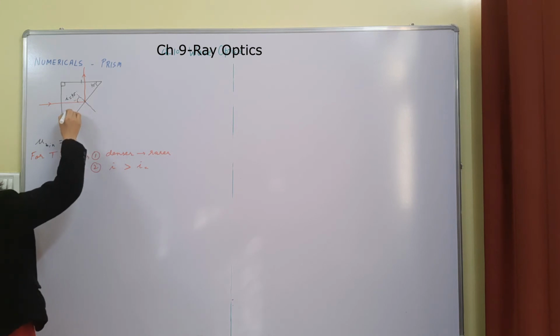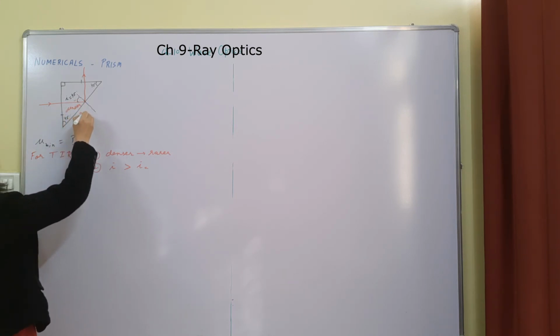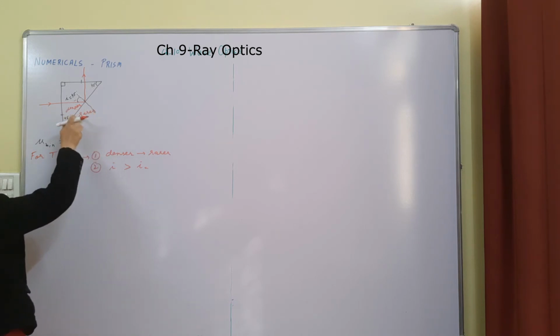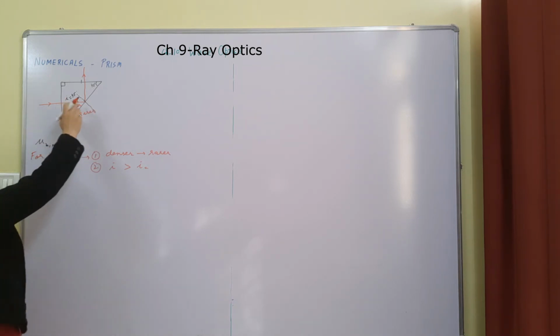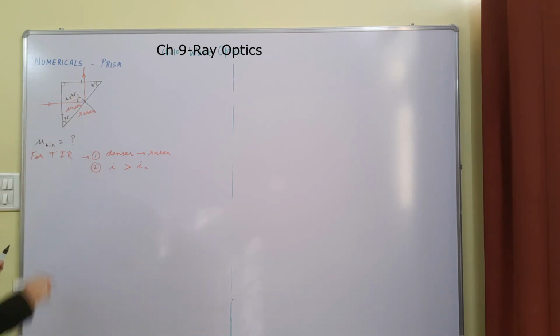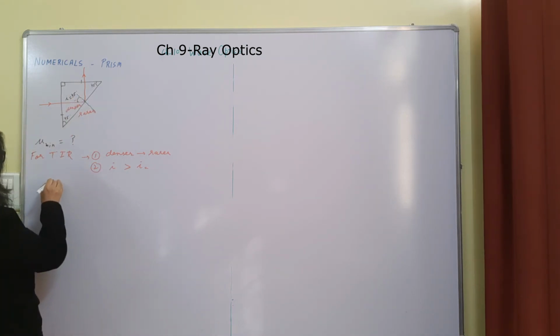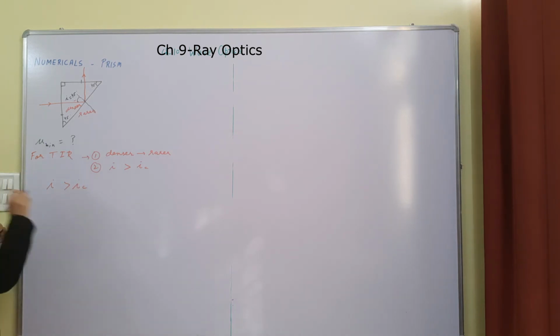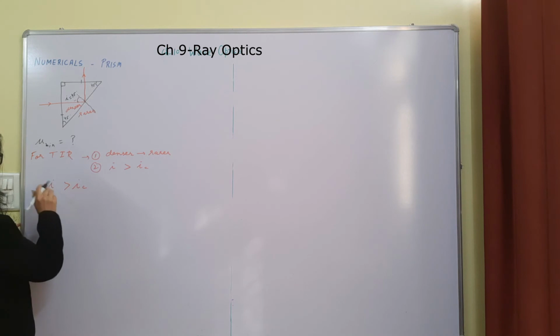This angle, because here it is denser and here it is rarer. So here it is trying to move from denser to rarer, so that's why here TIR is happening. So this angle of incidence we are talking about. So we can say if I is greater than IC, then in this case 45 degree must be greater than IC.